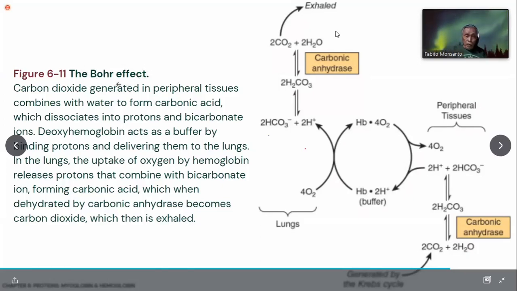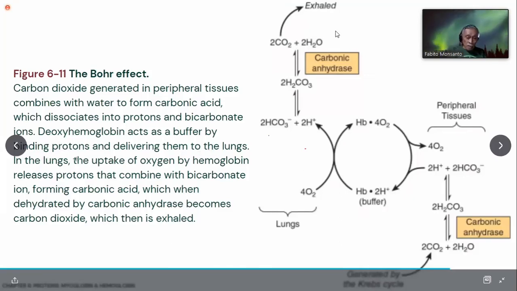The Bohr effect. Carbon dioxide generated at the peripheral tissues, meaning the respiring cells, combines with water to form carbonic acid, which dissociates into protons and bicarbonates, as shown here. Deoxyhemoglobin acts as a buffer by binding the protons and delivering them to the lungs.